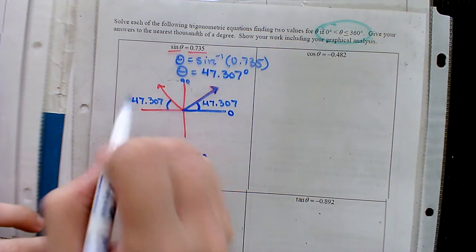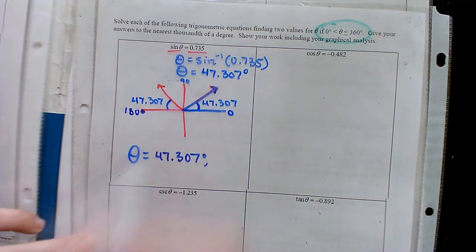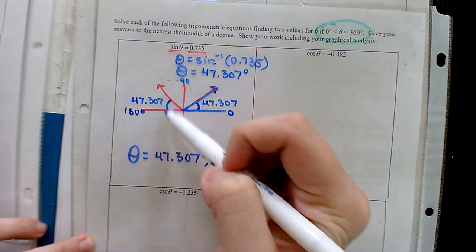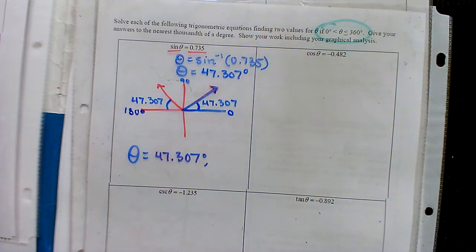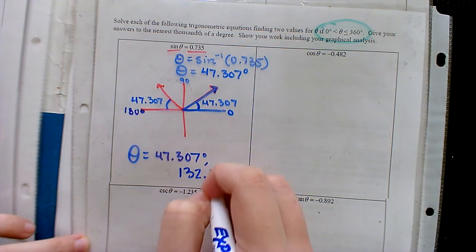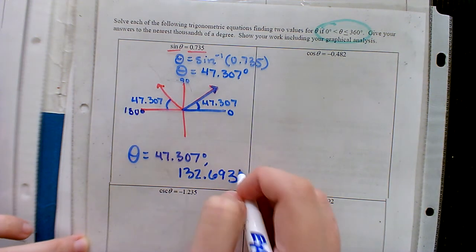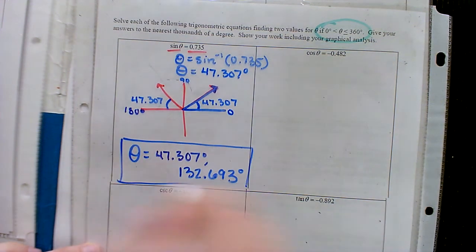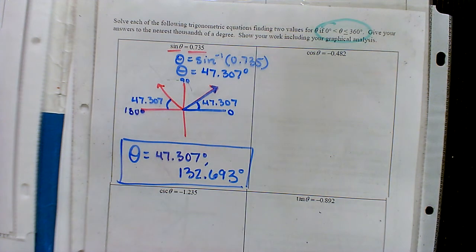If you subtract 180. 180, right. So this is 180 on the very left-hand side. We want to go backwards, aka subtract 47.307 degrees. So 180 minus that, we would get 132.693. There are our two solutions.